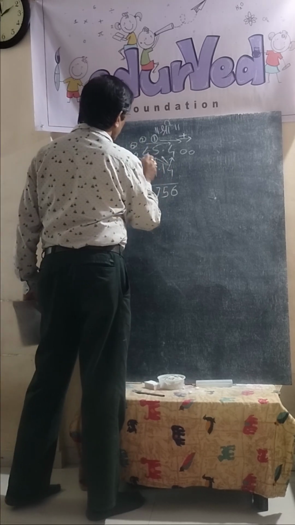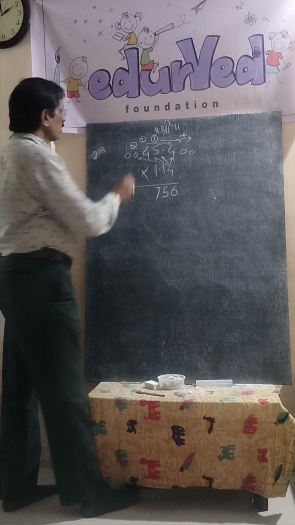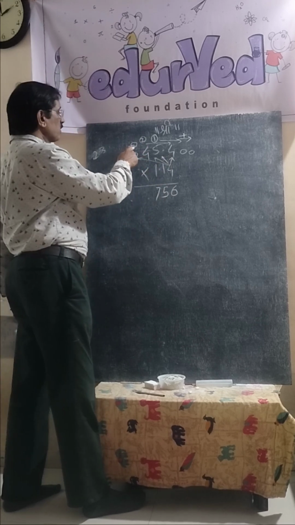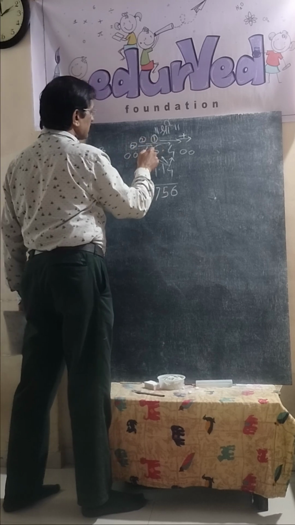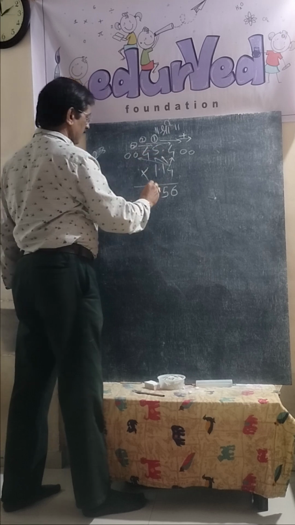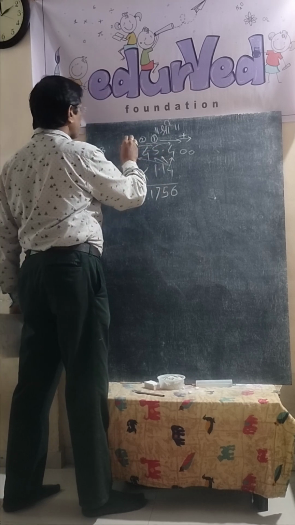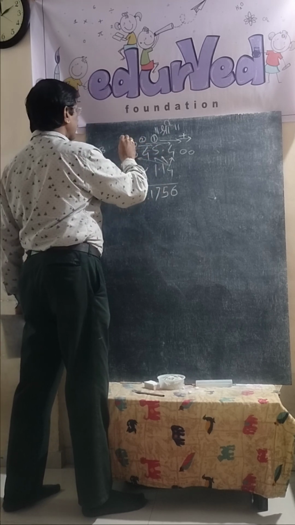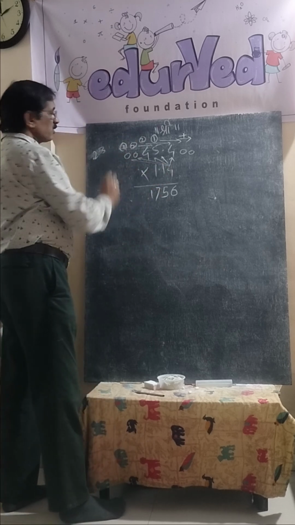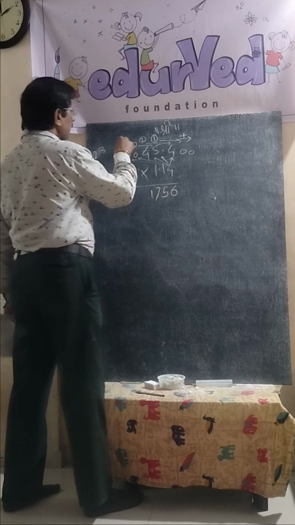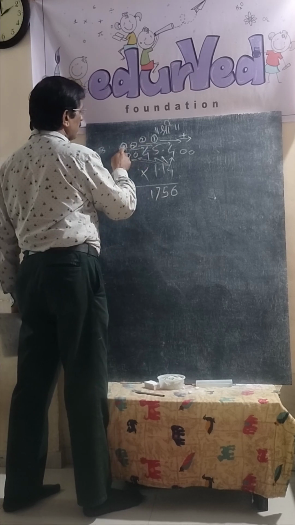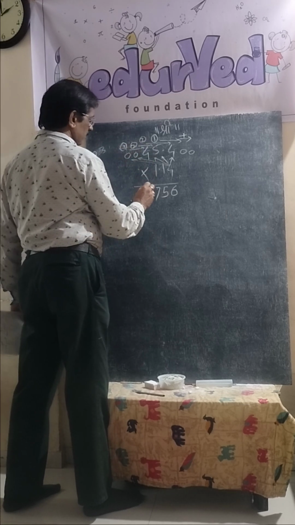Next step is multiply this 4 to this 0. 4 into 0 is 0. 0 plus this carried forward 2 will be 2, plus the adjacent 2 digits, 2 plus 4 is 6, 6 plus 5 is 11. Carry 1. The last step is you multiply this 4 by this 0. 4 into 0 is 0. 0 plus this carry forward 1 will be 1, plus the adjacent 2 digits, 1 plus 0 plus this 4, that will be 5.